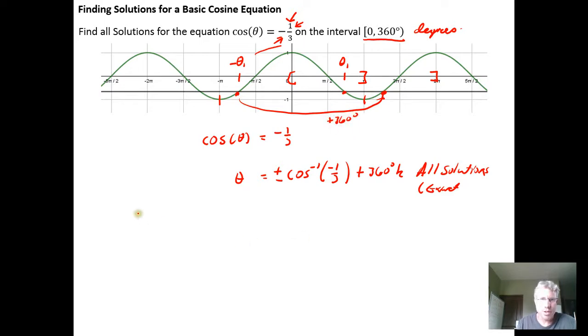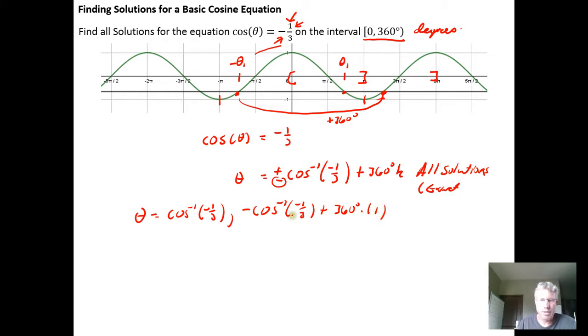So the two solutions are going to be theta equals the positive cosine inverse of negative 1/3, and then from the negative we let k equal 1, and we get the opposite of cosine inverse of negative 1/3 plus 360 degrees times 1, because we're moving it forward.